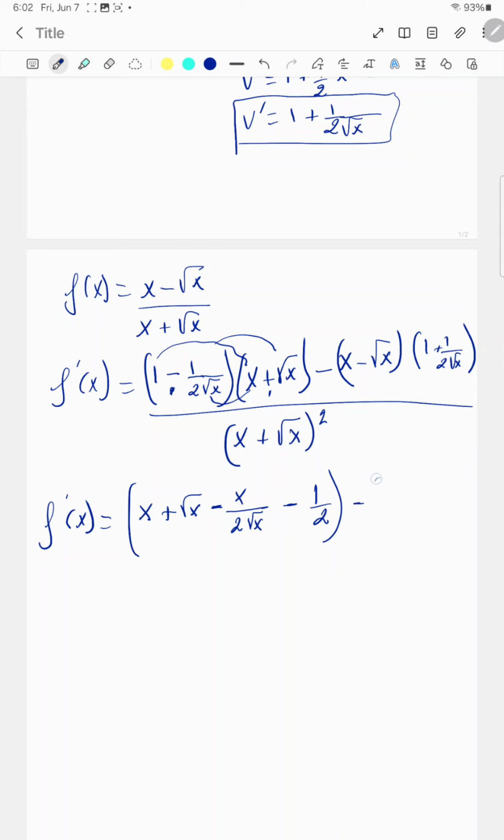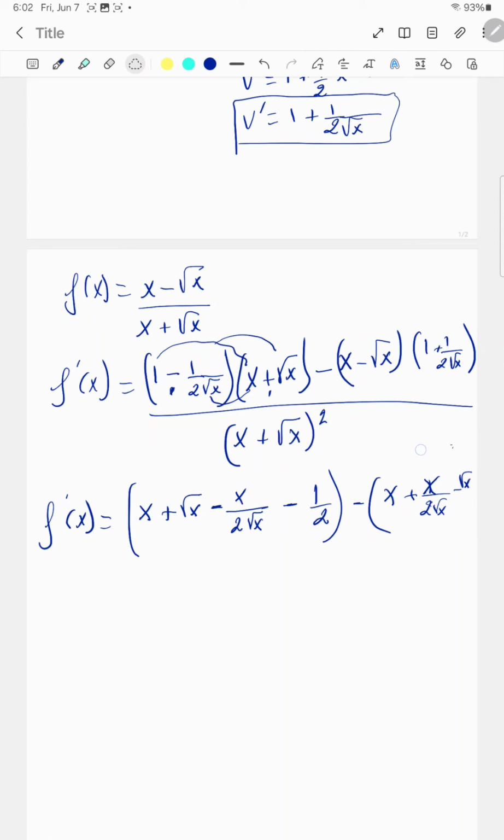And I put the minus and open my bracket here. So the first term is x plus x over 2 square root of x minus square root of x.